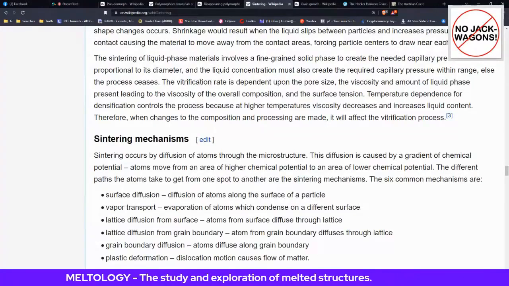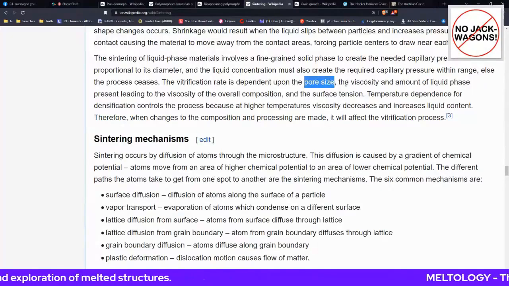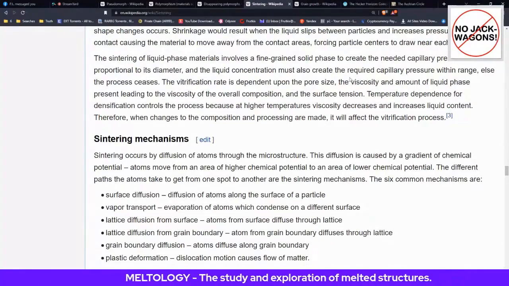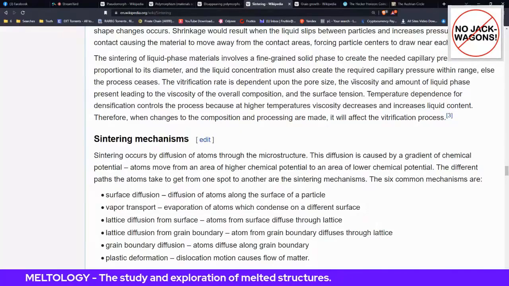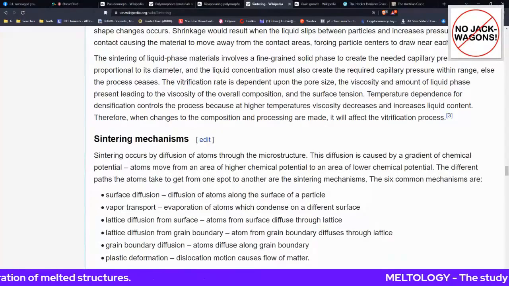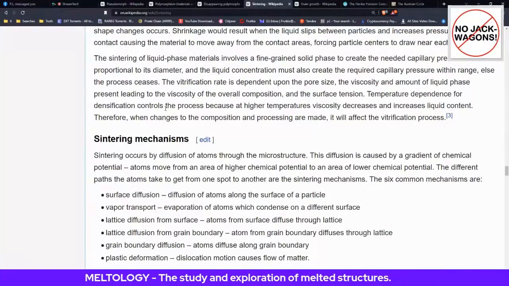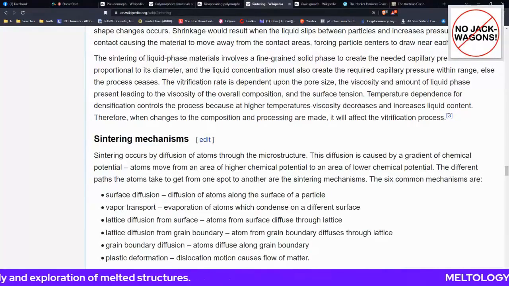And here they say the vitrification rate depends on the pore size, like the porousness of the material. So probably the more porous will have more viscosity because there's more moisture created in these pores. So this is what they say, that the pressure dependent densification controls the process, because at higher temperatures the viscosity decreases, they say, but increases the liquid content.